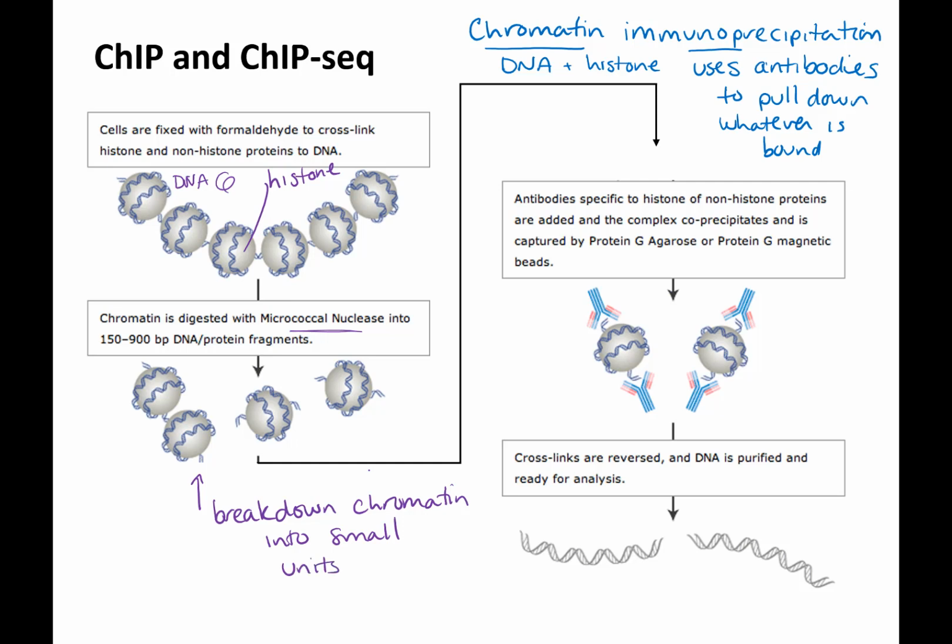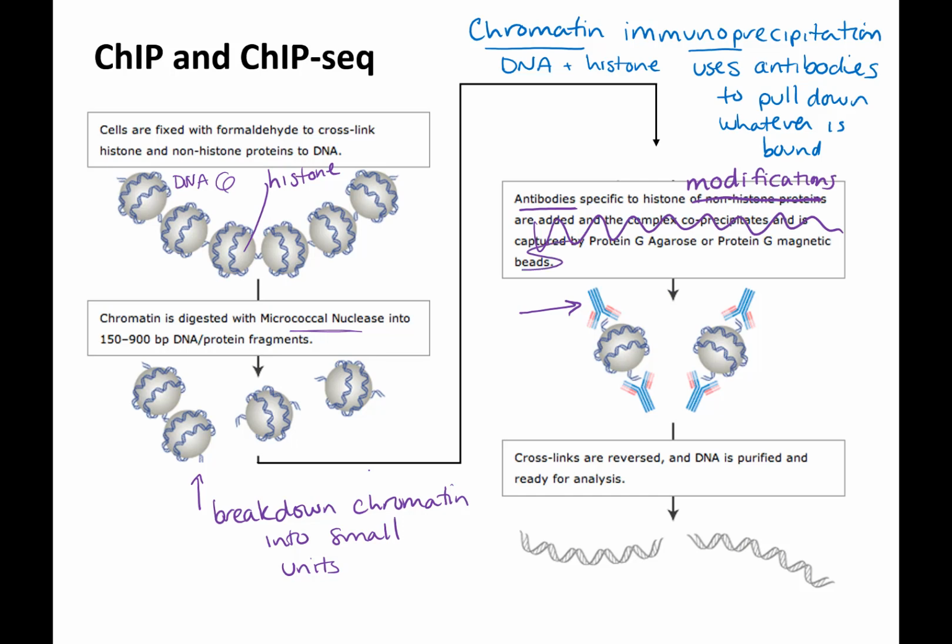Once you have this broken down, you add an antibody, shown here in blue and red, that's specific to histone modifications.